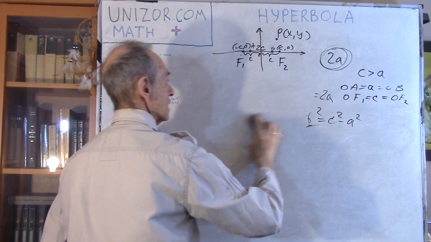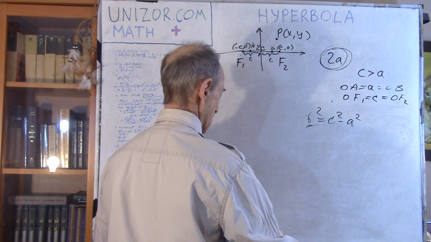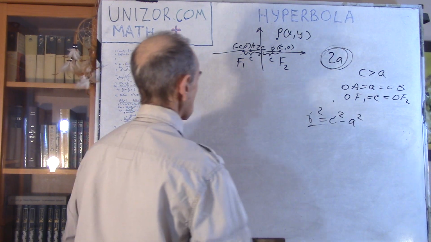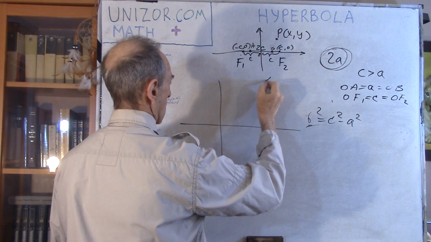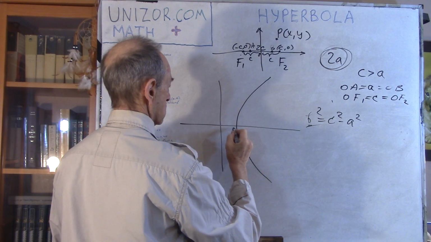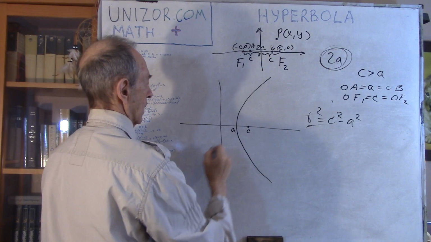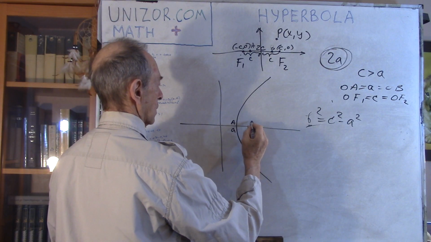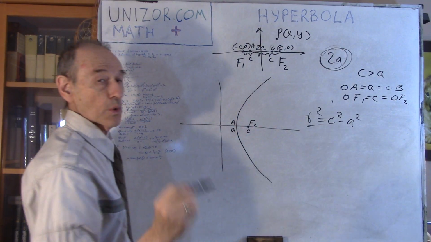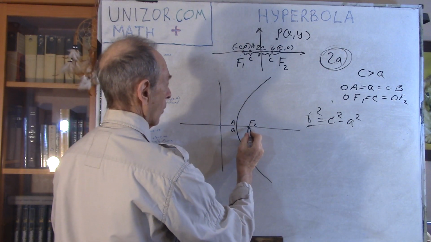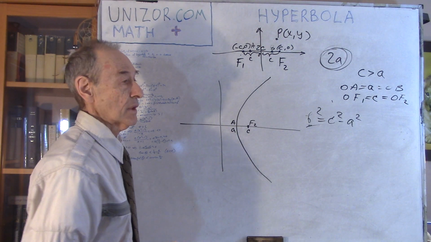Now, as in the case with the ellipse, I will choose the polar coordinates. So this is A, this is C, this is point A, this is point F2, and I will choose the polar coordinates with origin at the focal point, at the focus of hyperbola.